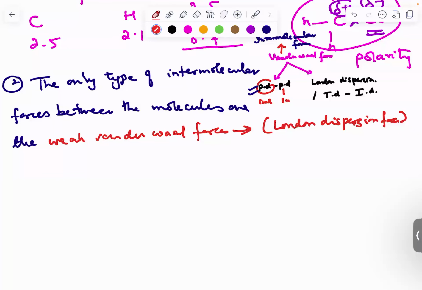I'm telling you a very important thing, that London dispersion forces can change the state of the compound or the element, right? This is a very important sentence I have written.